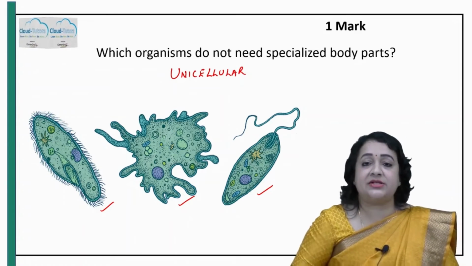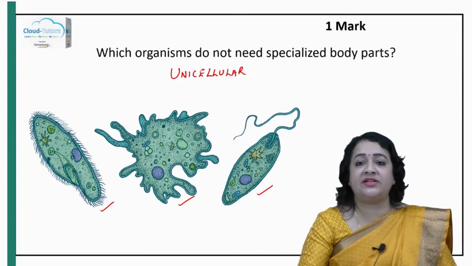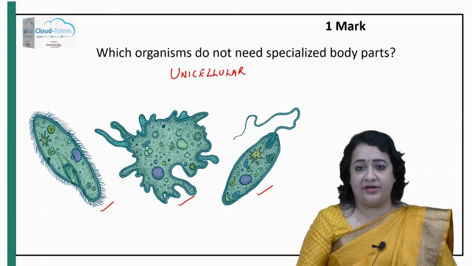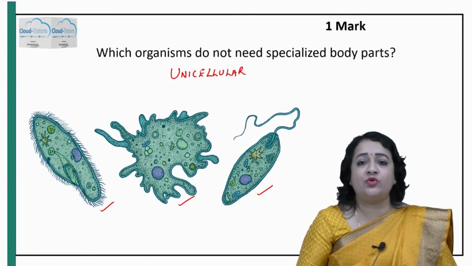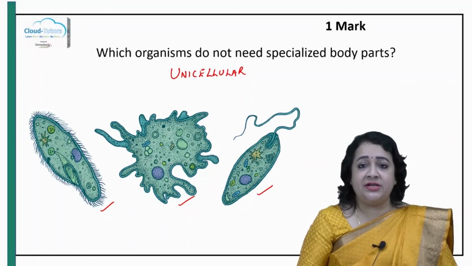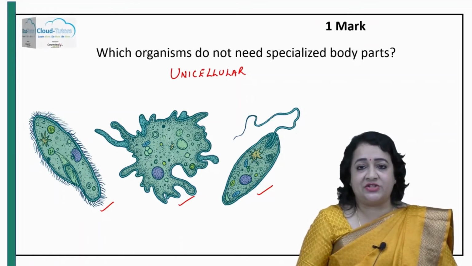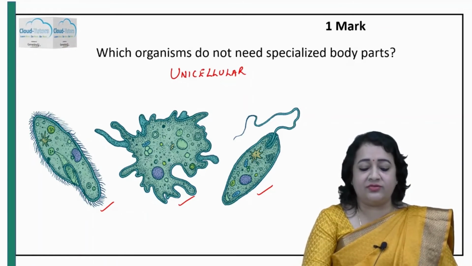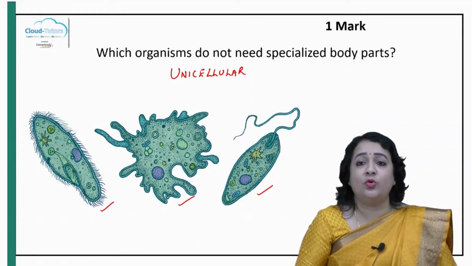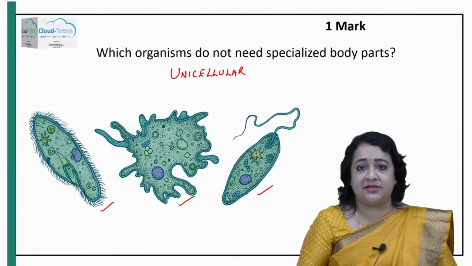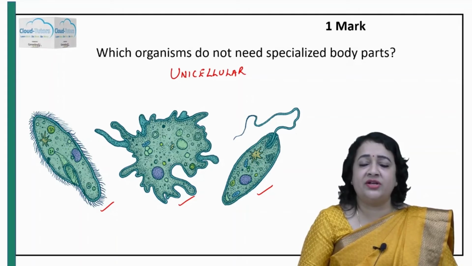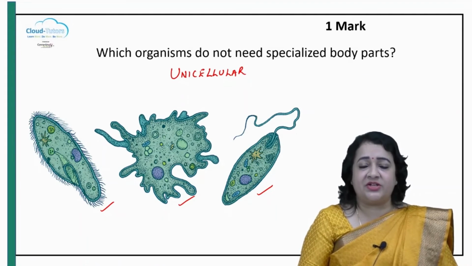What happens here is that the entire body surface is in contact with the environment. So through simple diffusion, nutrition, respiration and excretion happen. In unicellular organisms, no specialized body parts are present because through simple diffusion, nutrition, respiration and excretion can happen.